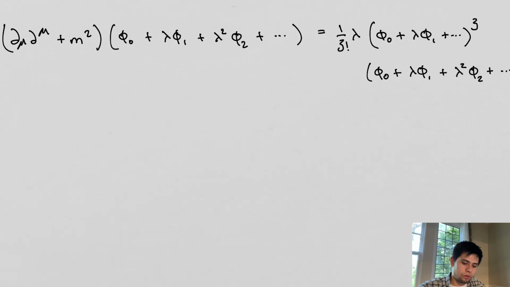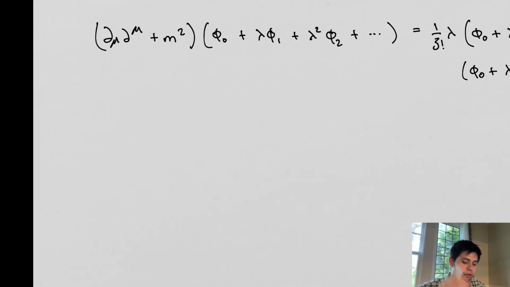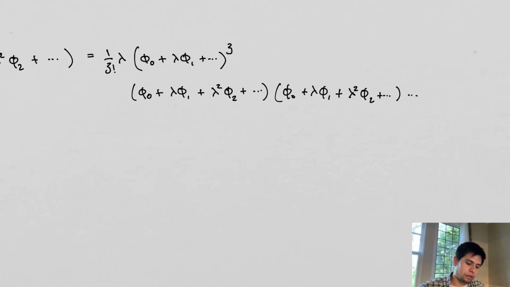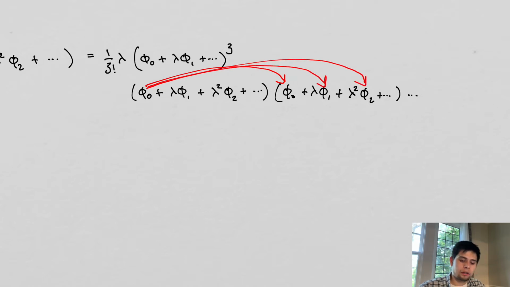So what we end up getting, really, because what you're going to have to do is multiply this with this, and then this with this, and then here with here. And then you're going to do the same here, and the same here.